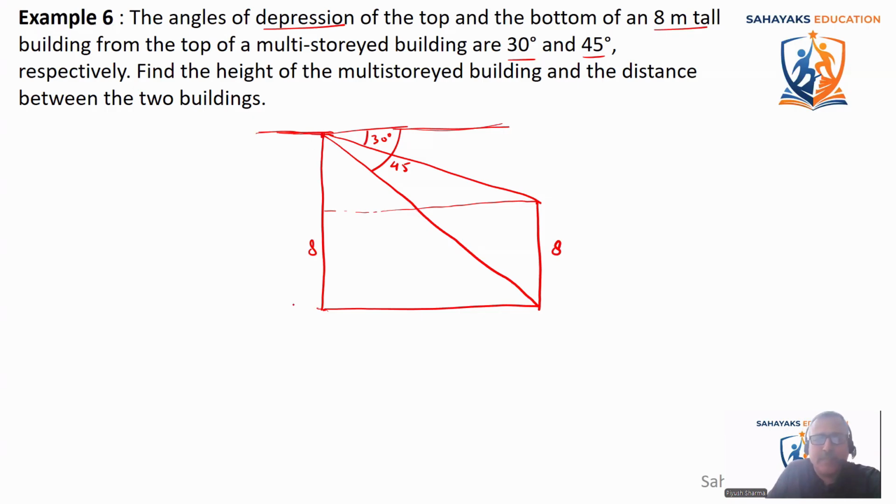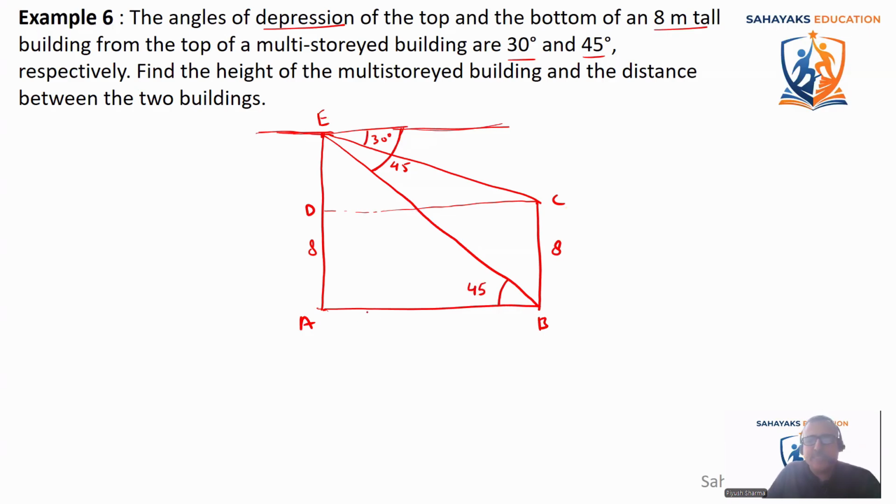Now let's name a few points. This is A, B, C, D, E. Now if this angle is 45, this angle will also be 45. Why?